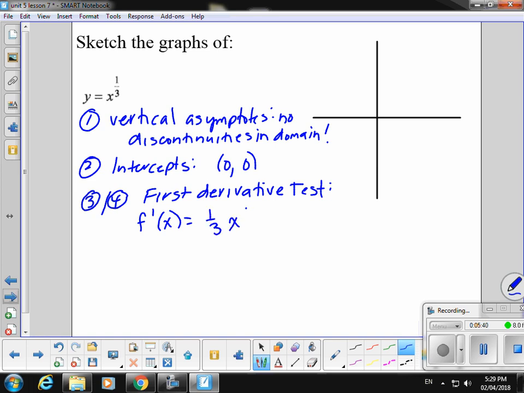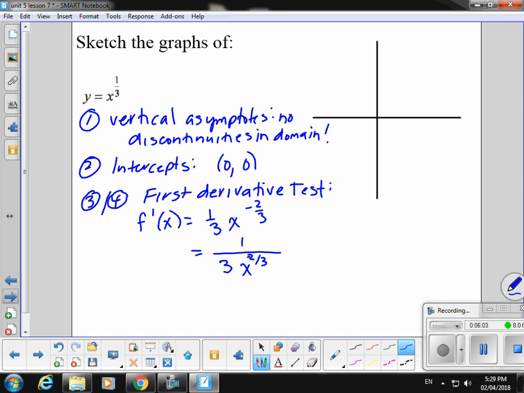1/3 x to the negative 2/3. I could rewrite that as 1/3 cubed root of, well, I could just write it as x to the 2/3. Don't need to complicate it, I suppose. X to the 2/3. All right.